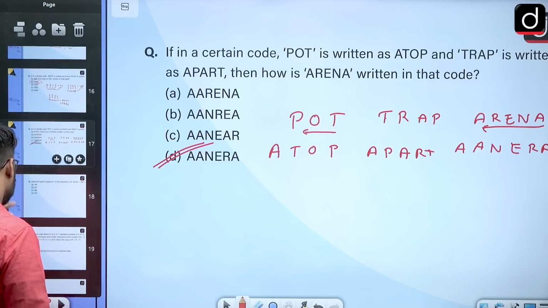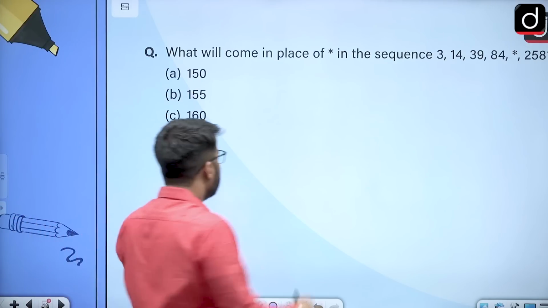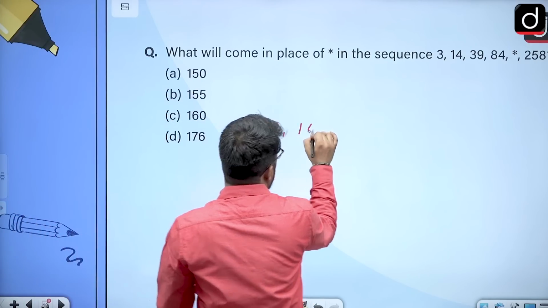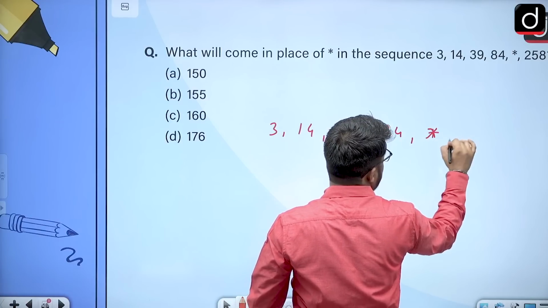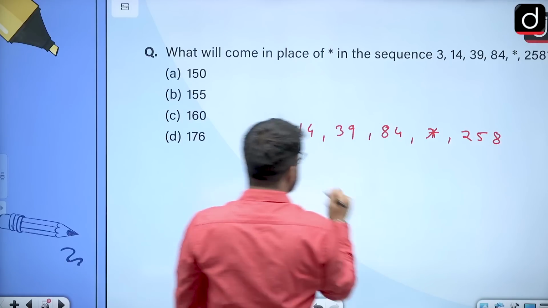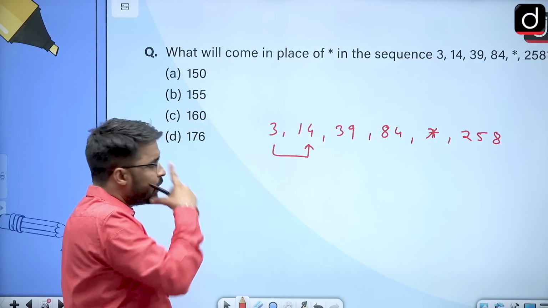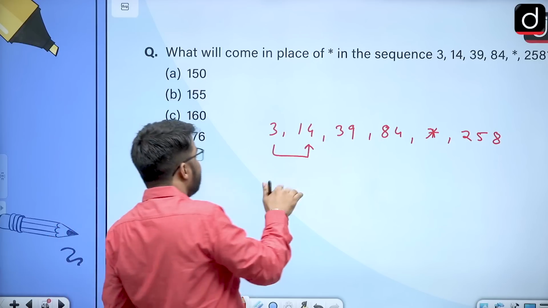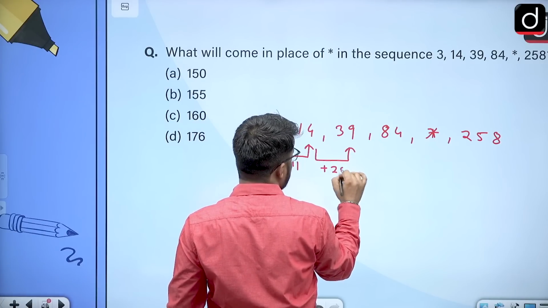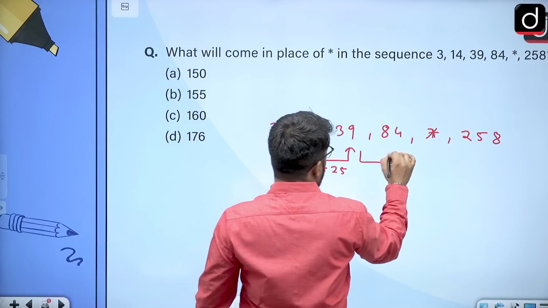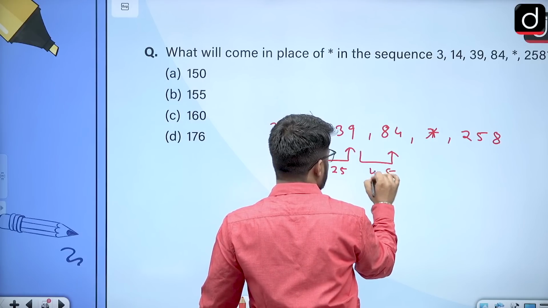Alright. Next one. What will come in place of star in the sequence 3, 14, 39, 84, star, 258. Now see, as I move left to right, I see that my numbers are increasing. So I find the difference between them: 3 and 14 it is 11, 14 and 39 it is 25, 39 and 84 it will be 45.